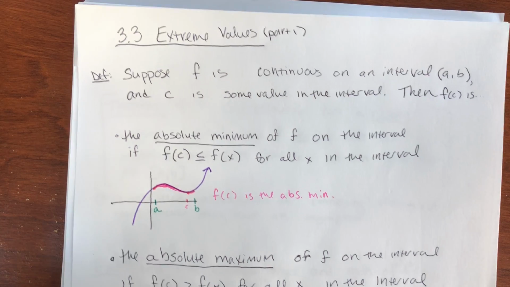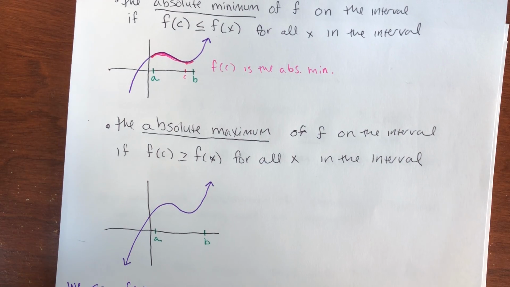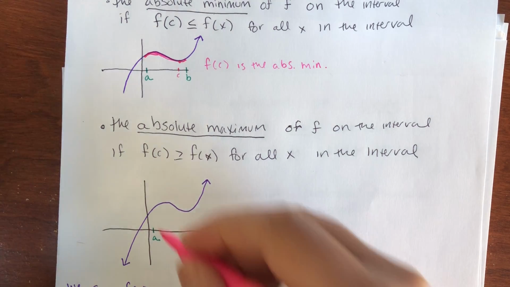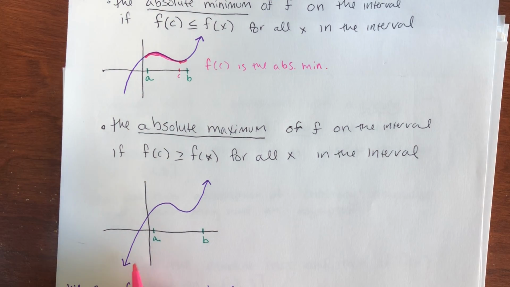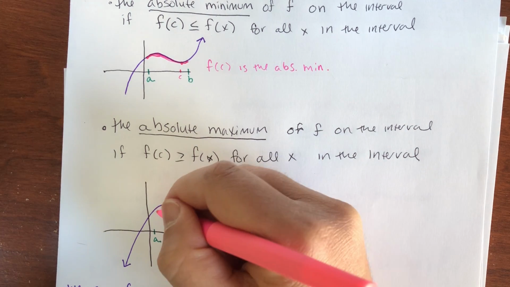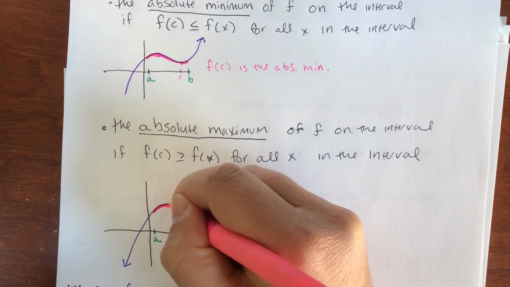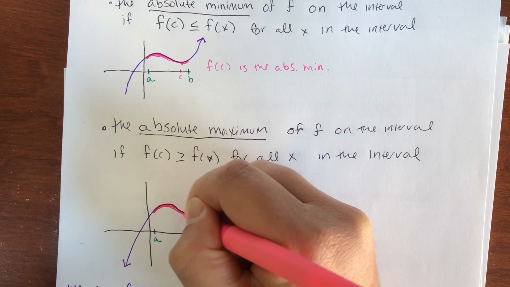Okay, and similarly, the absolute maximum of a function on an interval is just the largest possible output you have on that interval. So if this is my function and my interval is going from a to b, I'm only looking at the portion of the curve between a and b.